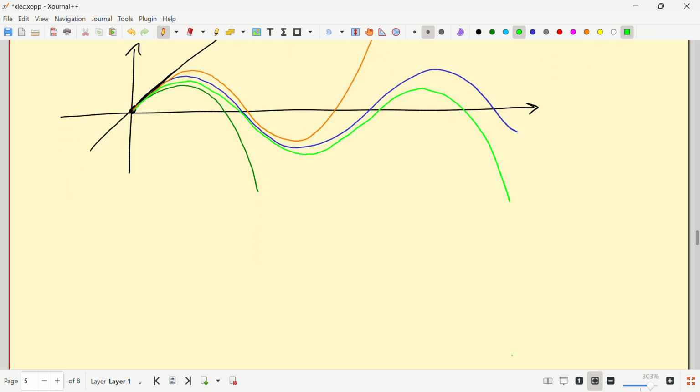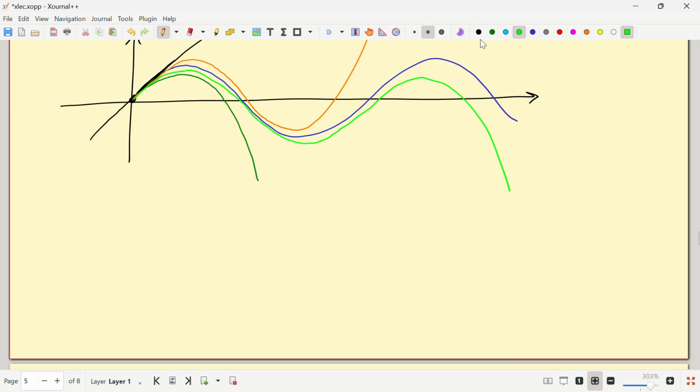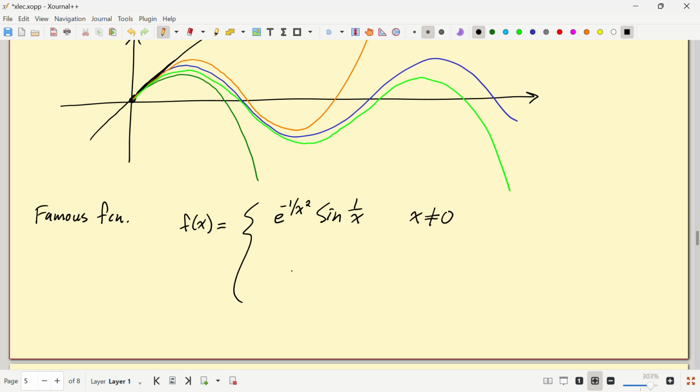But if that famous thing I showed you, here's a famous function. Let's have f of x be equal to e to the minus 1 over x squared times sine of 1 over x for x unequal to 0, and 0 for x equal to 0.